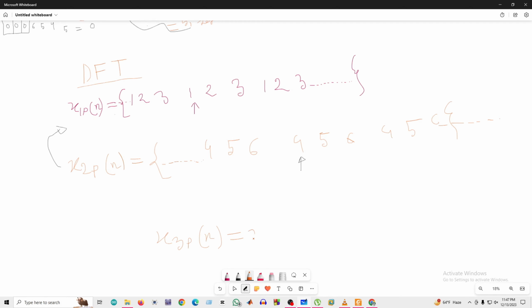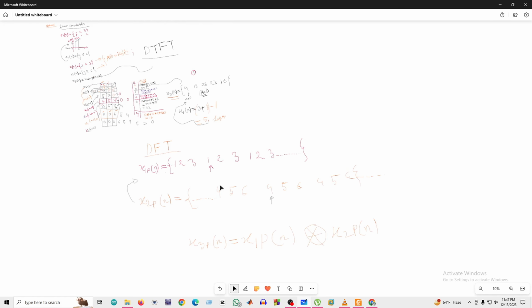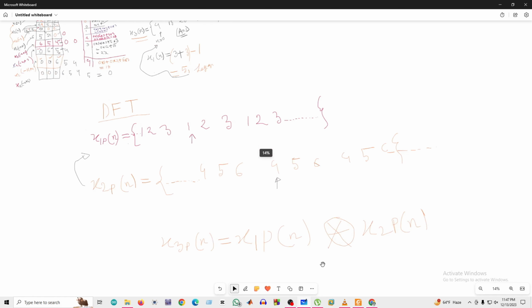So this is x1 p of n in the time domain, which is the circular convolution with x2 of n. So how do we perform the circular convolution? This is the last topic of today's class.